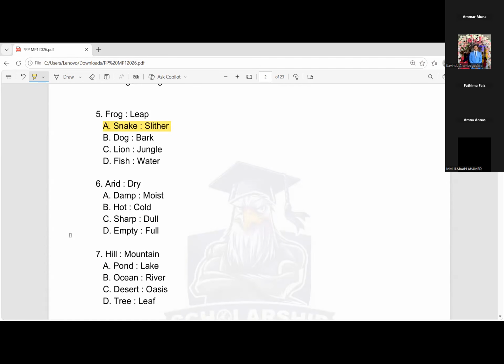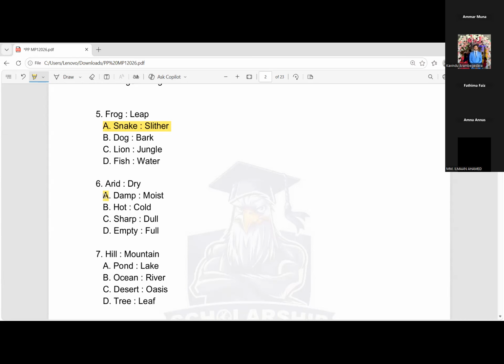Okay. Next one, arid, dry. Arid means dry. So the relationship between here is synonyms. So the answer will be A, damp, moist.